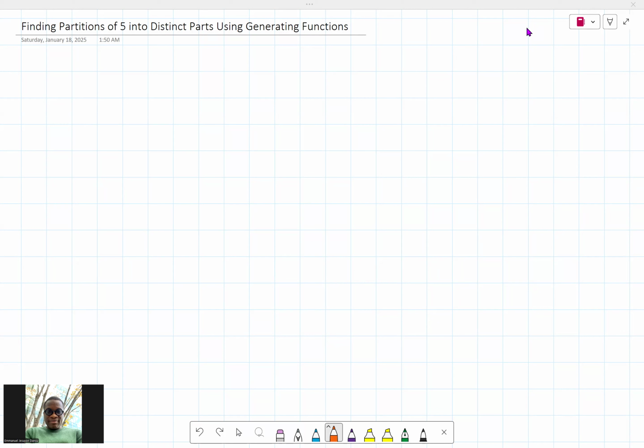In this video, we are talking about generating functions, and in particular, we are finding partitions of 5 into distinct parts using generating functions.